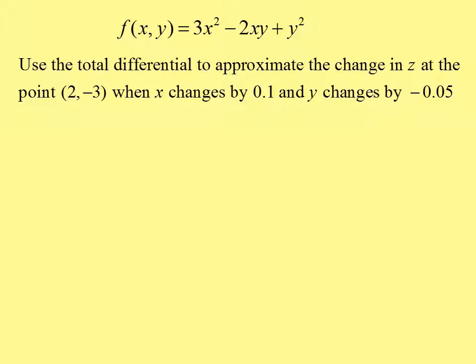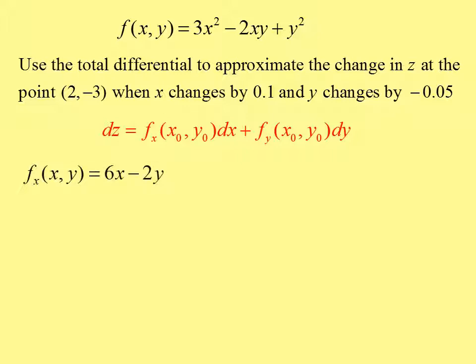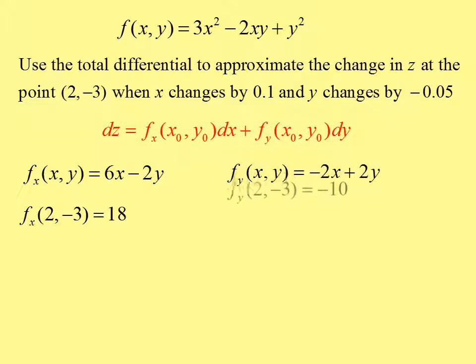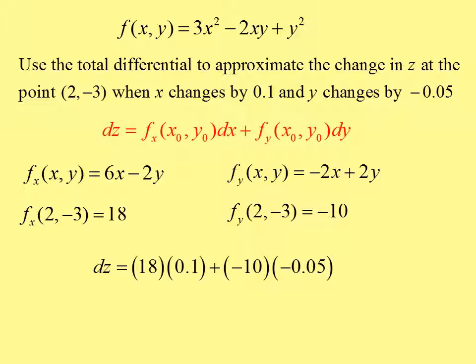And so our total differential, using the formula we just came up with, is the partial of x times the change in x plus the partial of y times the change in y, which gives us the total change in z.